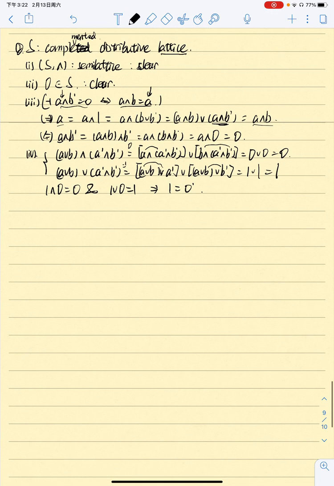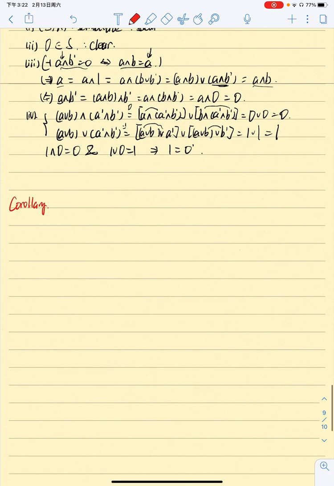So let's see the following corollary. If S is a Boolean algebra, then this is Boolean algebra 2.